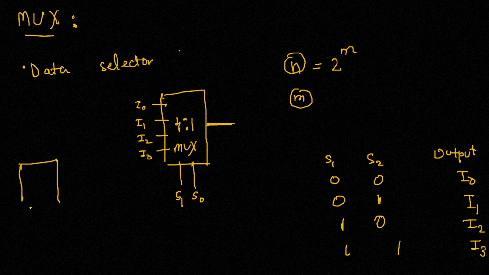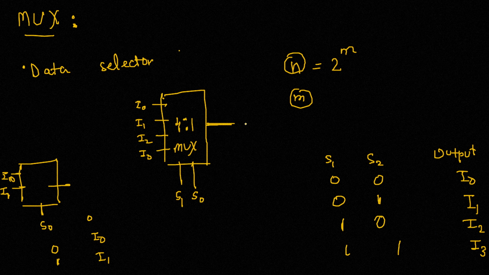If we look at a simpler version of this, that is the 2 cross 1 mux, you have just one select line, I0 and I1. So if S0 is 0, then the output will be I0, and if S0 is 1, then the output will be I1. So basically, whatever is the binary value of these select lines, that's what enables us to choose one particular input line as the output.